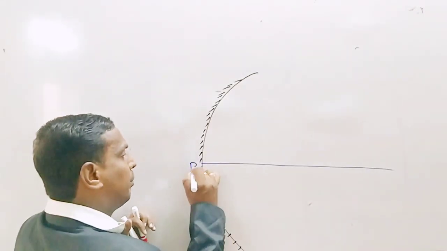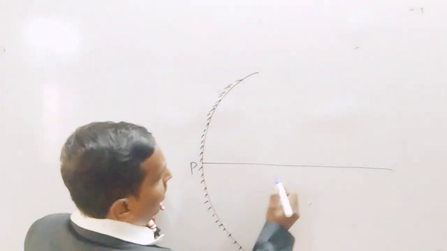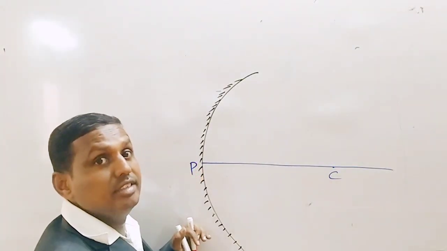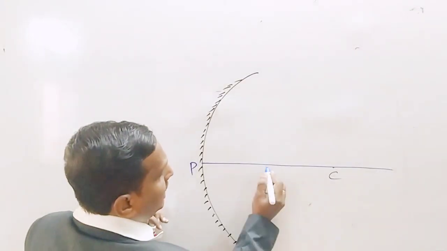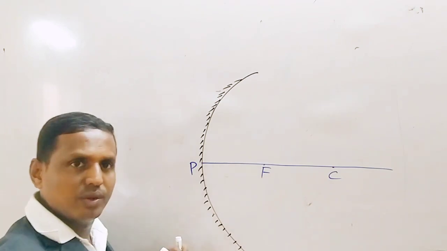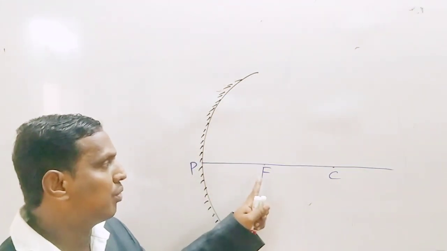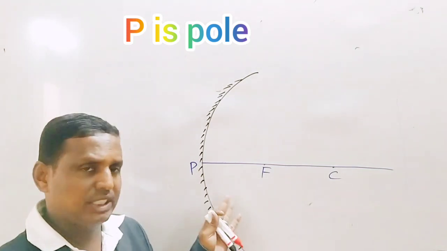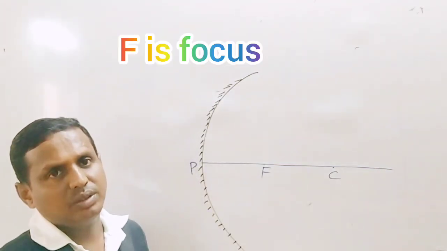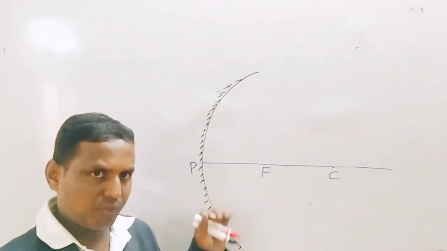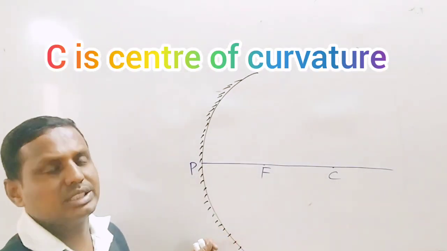Here we have P. P means pole, and this is C. C is the center of curvature, and exactly between P and C you take one more point, that is F. Pole, focus, center of curvature. Next, the convex mirror is also the same: pole, focus, center of curvature. First of all, we can discuss this, and next we can discuss convex.